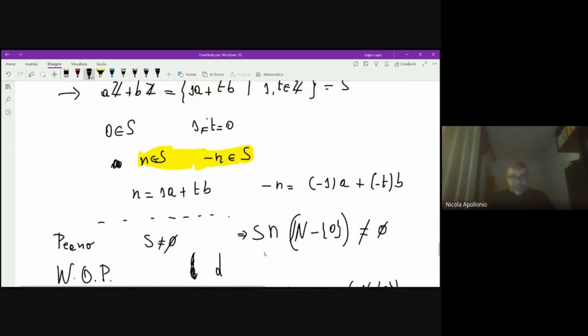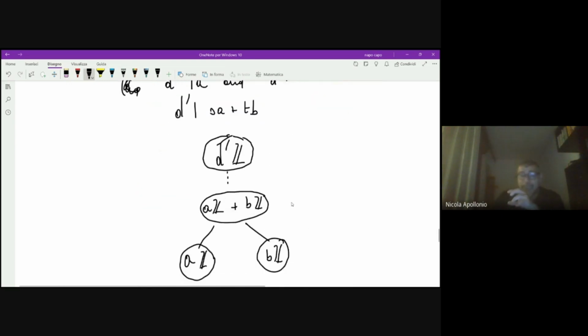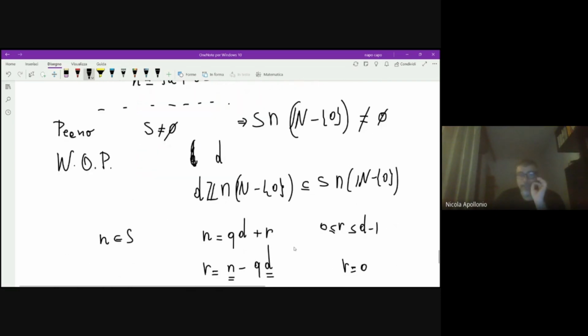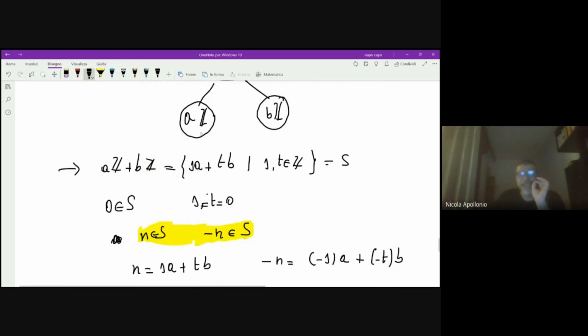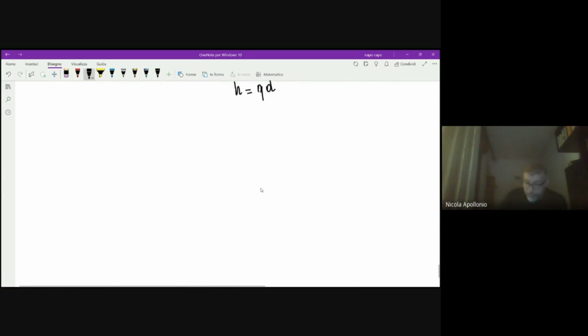So what is the moral? That the smallest element in the set of linear integer combinations of A and B is precisely the greatest common divisor of A and B. And moreover, we proved much more.